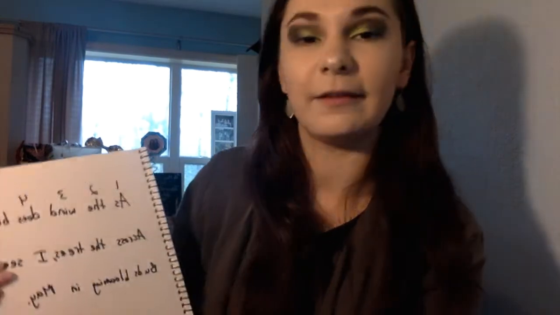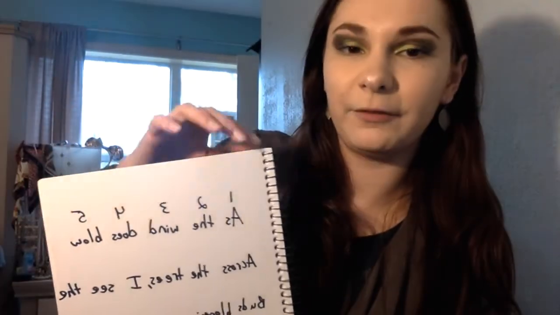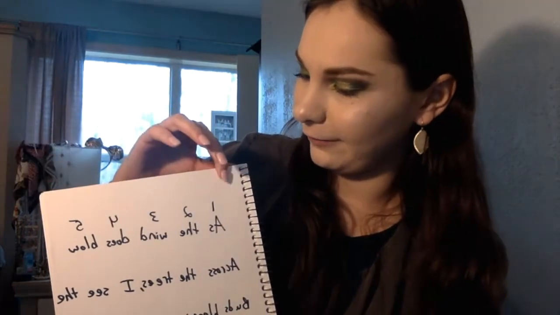As is 1 syllable, the is the second syllable of the line. Wind is the 3rd syllable. Does is the 4th, and blow is the 5th. So we have 5 1-syllable words, which makes the first line 5 syllables in total.